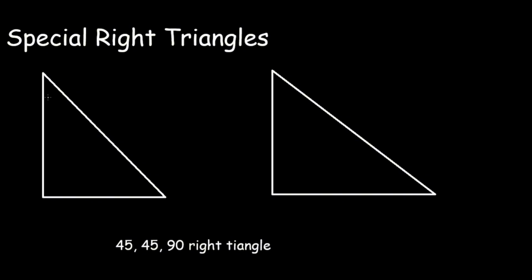And here 45, 45, and our 90 degrees here. Our special right triangle ratios will help us find what each side of our right triangle will be, and it shows the relationship between both sides.